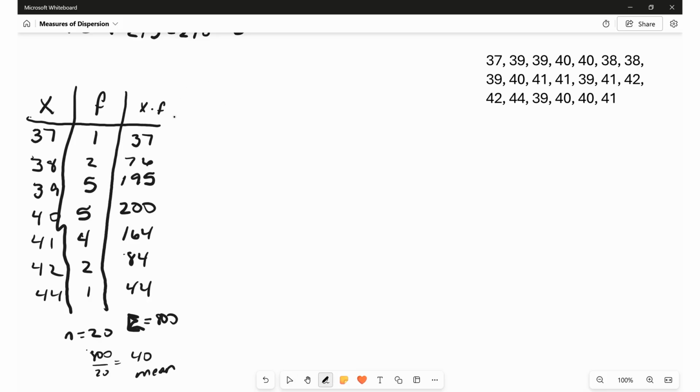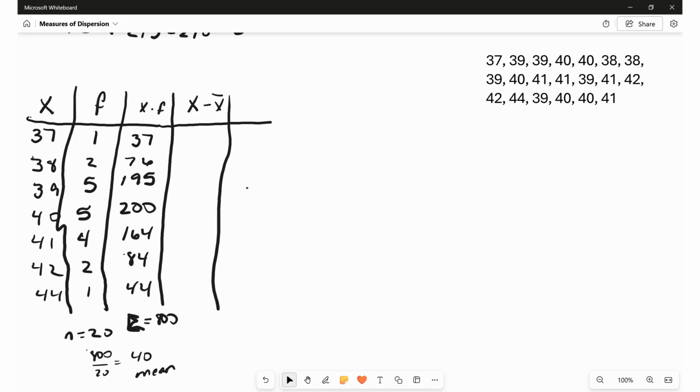So now what we want to find out next is the deviation from the mean for each of these data values. Recall that we want to take the data point and the mean and subtract them.